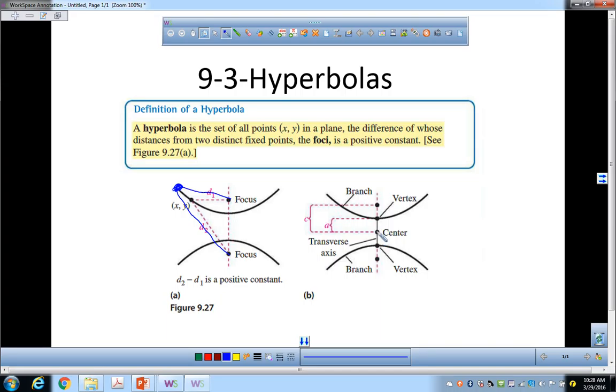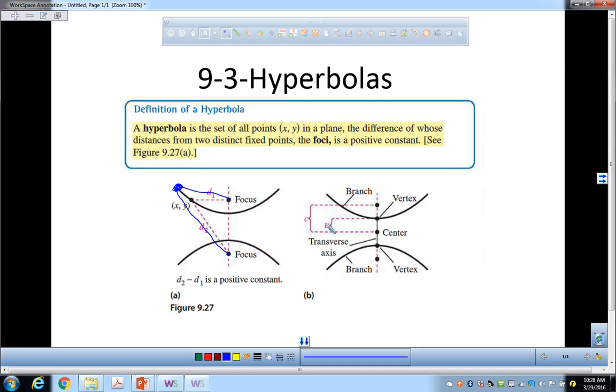Again, the distance from the center to the focus is called c. Going from the center to the focus in either direction, to focus 1 or focus 2, that is c. And a is the distance from the center to the vertex. Notice in this case, c is always going to be bigger than a.